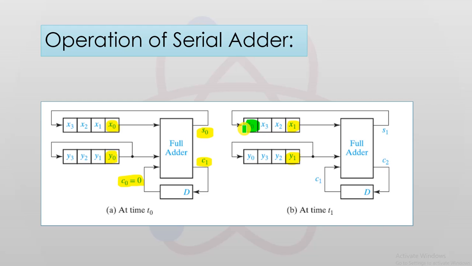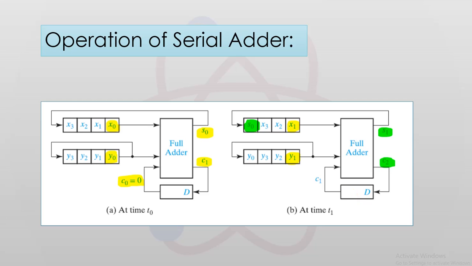So this next pair of bits which are to be added are X1 and Y1 at the full adder input, and the adder will generate the sum S1 and the carry C2. The second falling edge will shift this S1 into the accumulator and store this C2 into the carry flip-flop and cycle the contents of the addend register towards the right.